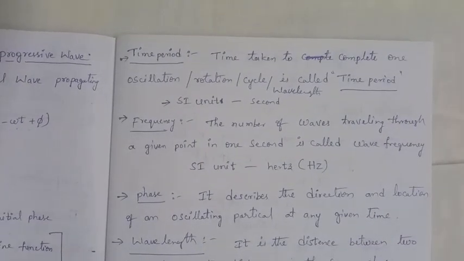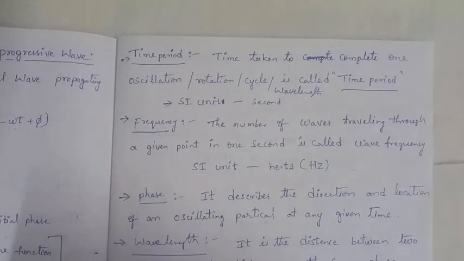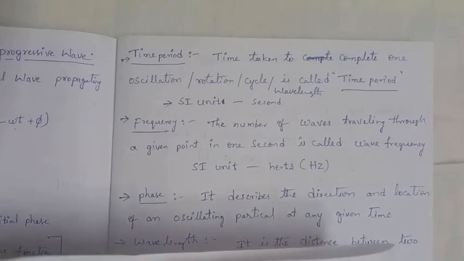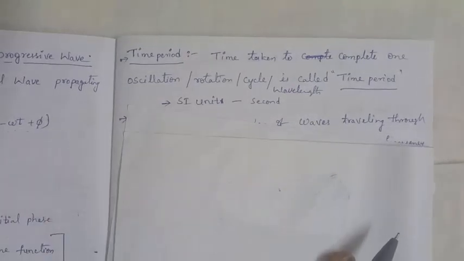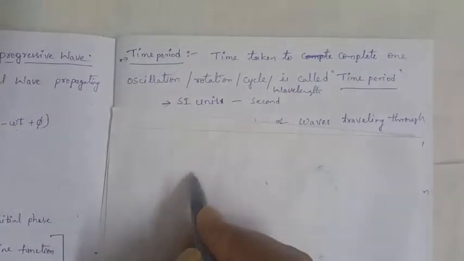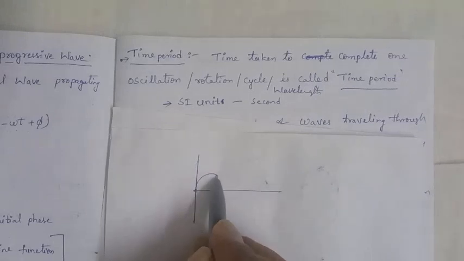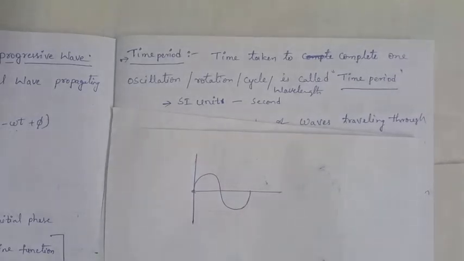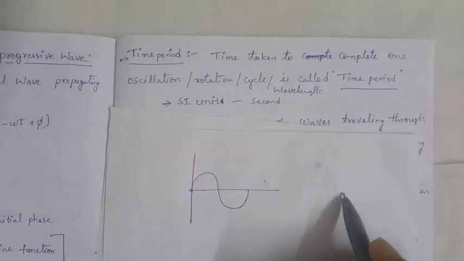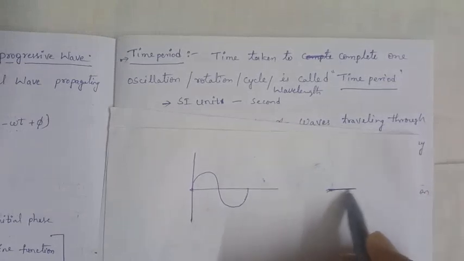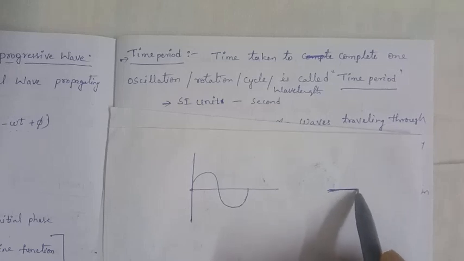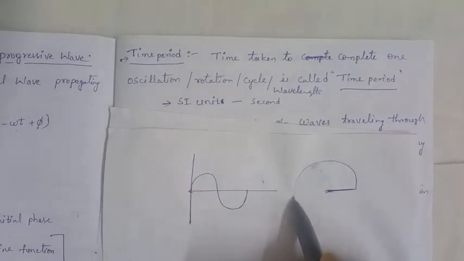And next one is the time period. Already you know the term time period: the time taken to complete one oscillation, one rotation, one cycle or one wavelength. In our chapter on waves, it is the time taken to complete one wavelength. Or one cycle means, for example, the seconds hand in your clock completes one rotation.